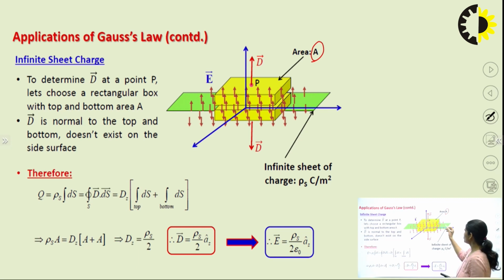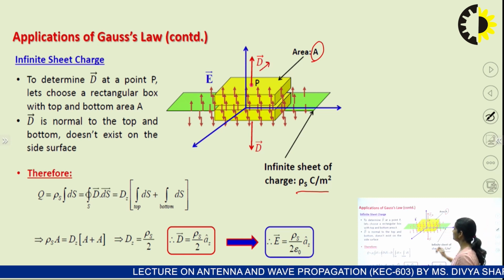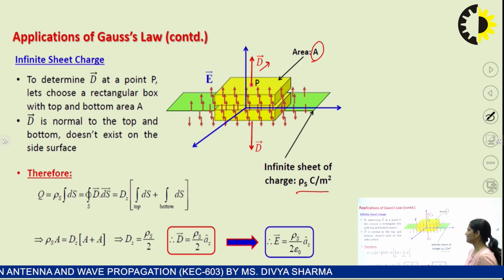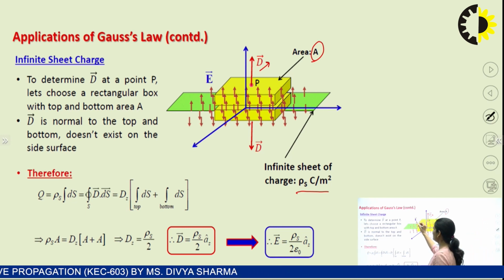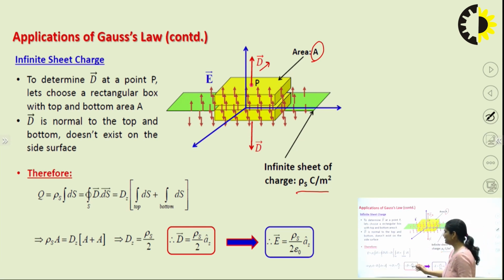This is your infinite sheet of charge, represented by rho s, and its units are coulomb per meter square. This is your point P on this rectangular box, and its electric flux density is represented by the D vector. This is your electric field in this direction. Now you have to calculate the electric flux density for this rectangular box.